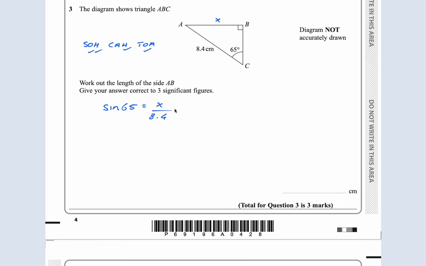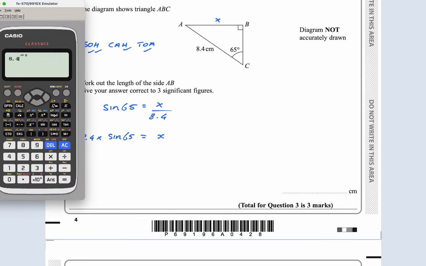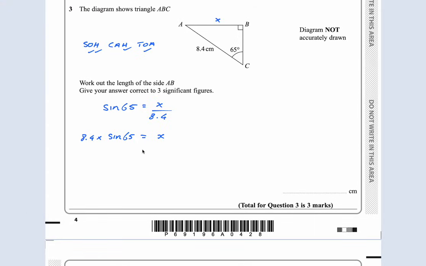That's my equation. And then to find x, we multiply by this denominator. So it's 8.4 times sine 65. 8.4 times sine 65 is 7.613.